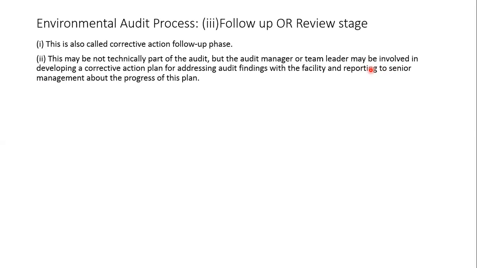He can be a part of a team which will be doing the corrective actions. Okay, and he will give the timing on what time this corrective action will be done, and report how much correction has been achieved, and it will be reported to the senior management about the progress in this plan. Okay, so this is actually a follow up of the environmental audit report.